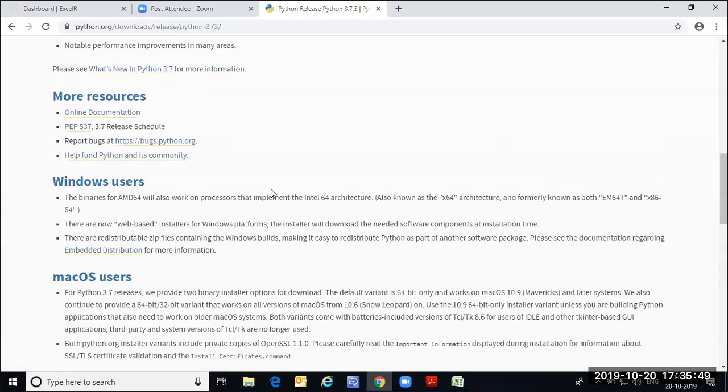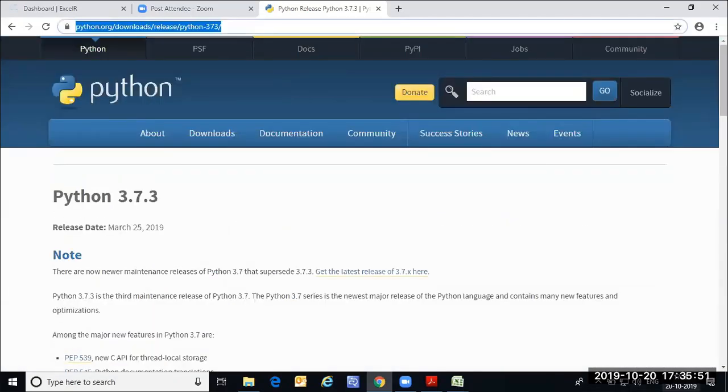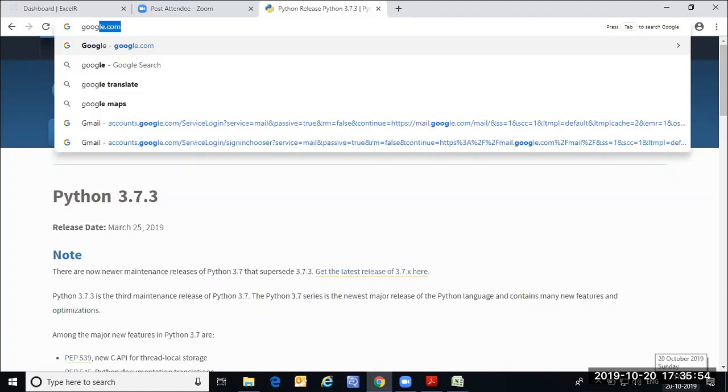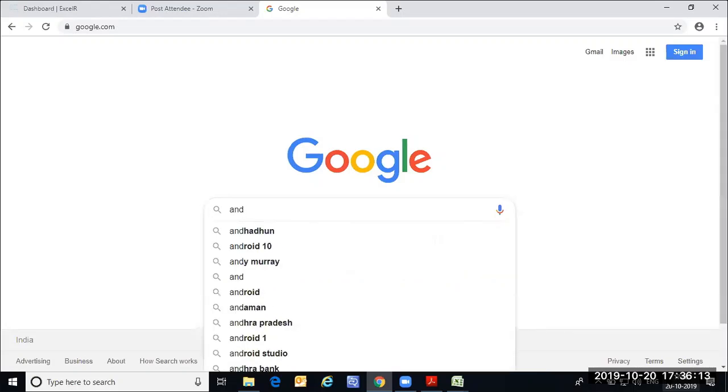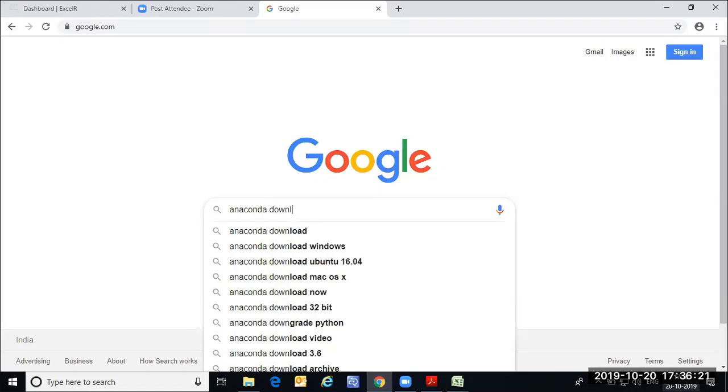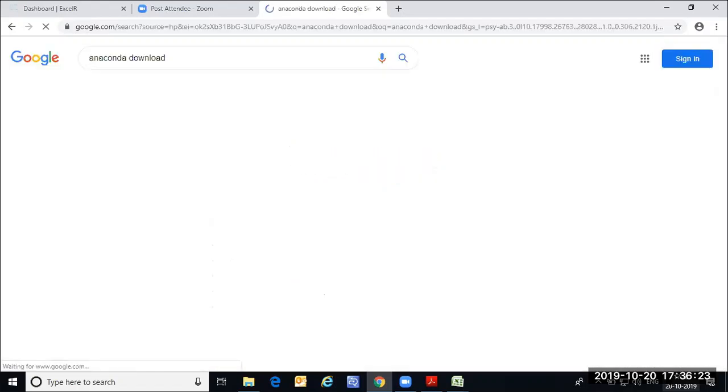Once you install Python, Python provides a very command prompt based UI. So now we need to install the IDEs, Interactive Development Environments. Anaconda distribution. Say Anaconda download.